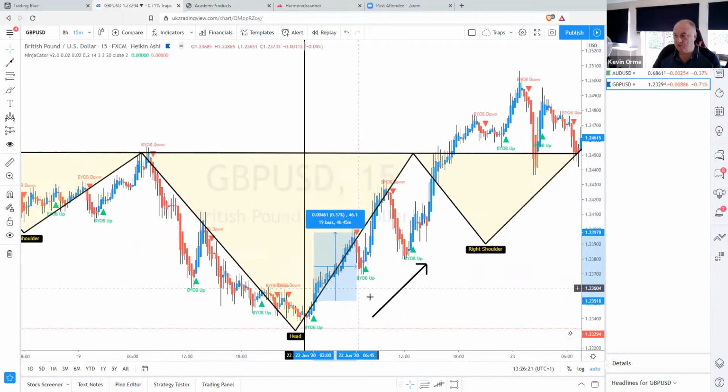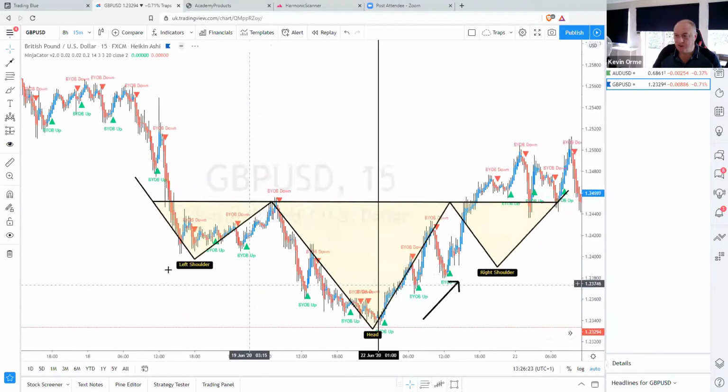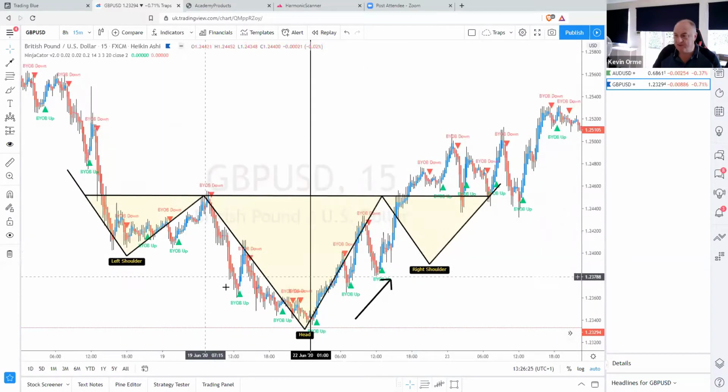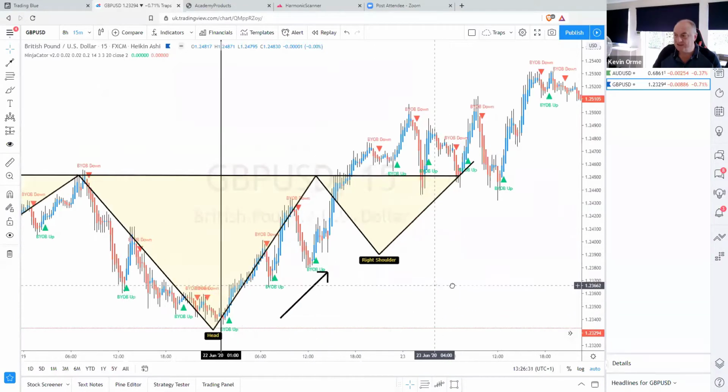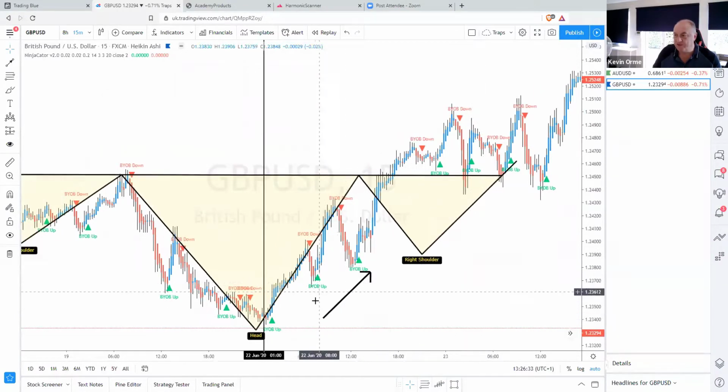But as you recall, I was saying that we're looking for this left shoulder. That's already happened. We wait for this retracement. So rather than wait, we know that trend is our friend, and we want to go with the trend. So our little BYOB indicator gives us an indication as to when the trend is in our favor, and it takes in many factors.